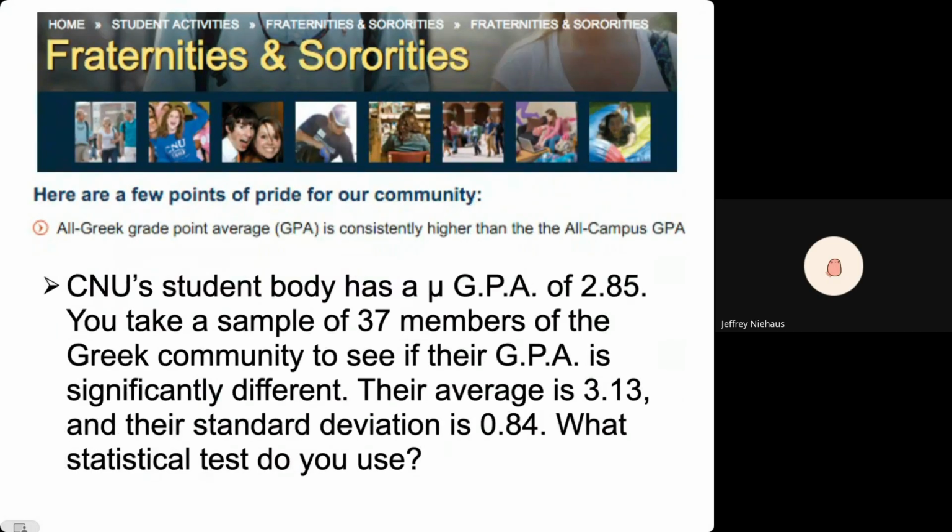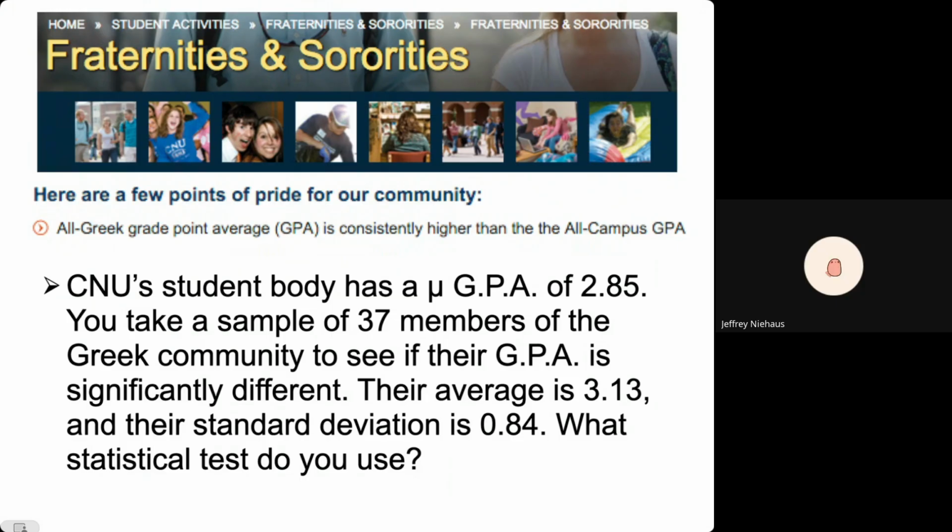Now, what I'm going to do for the rest of this talk is to try to help you differentiate whether you are dealing with a single sample, a paired sample, or an independent sample based on the setup. So I'm going to ask basically the same research question in 3 different ways on the next few slides.